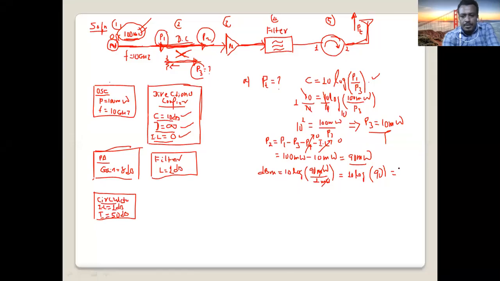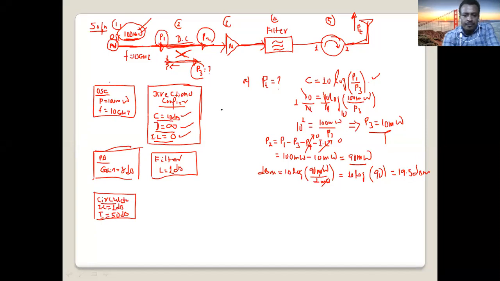So it is 19.5. So this will be 19.5 dBm.